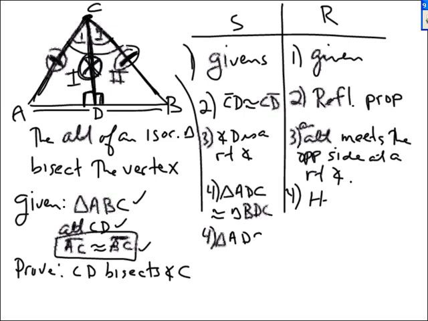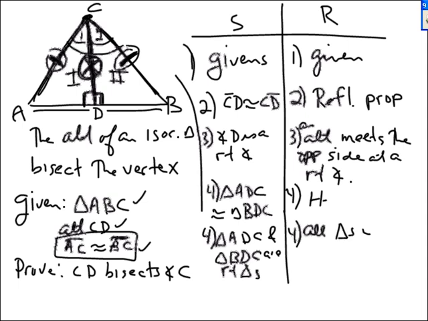Triangle ADC and triangle BDC are right triangles. All triangles with a right angle are right triangles.